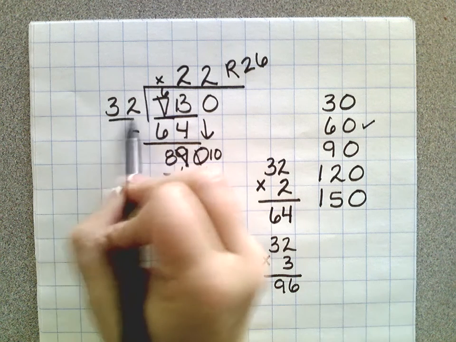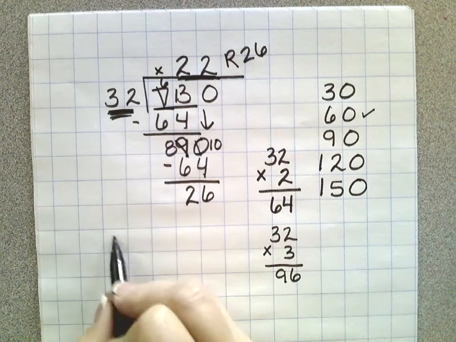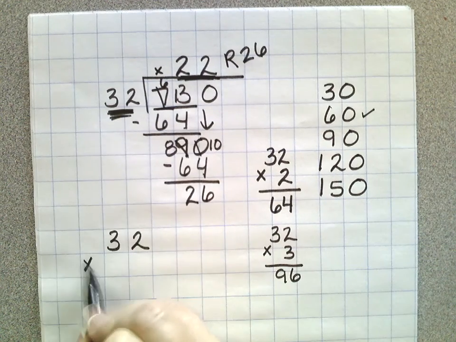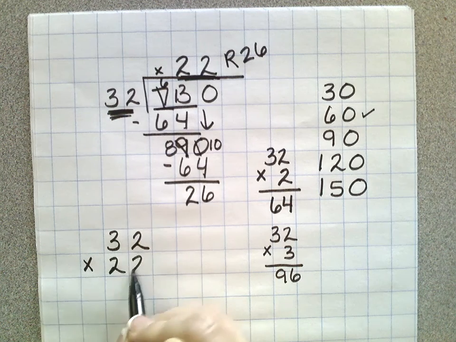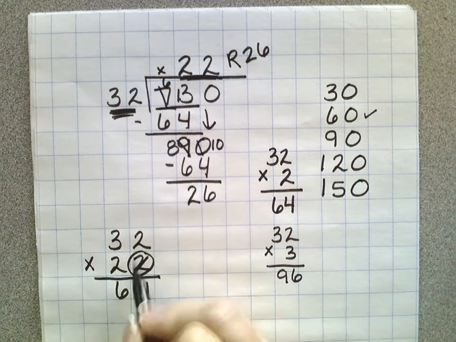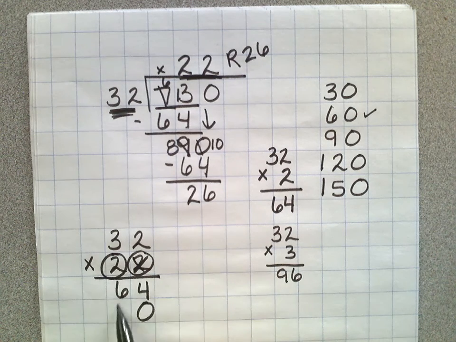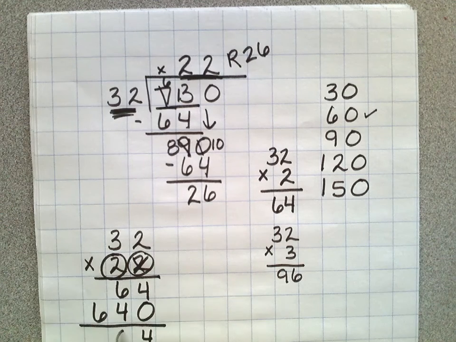So let's go ahead and check our work doing multiplication. I know that I am going to be multiplying my divisor and my quotient, so let's set that up. 32 times 22. Starting with that 2, 2 times 2 is 4. 3 times 2 is 6. Place 0. Moving in the tens, 2 times 2 is 4. 3 times 2 is 6. 4, 10, 1, 704.